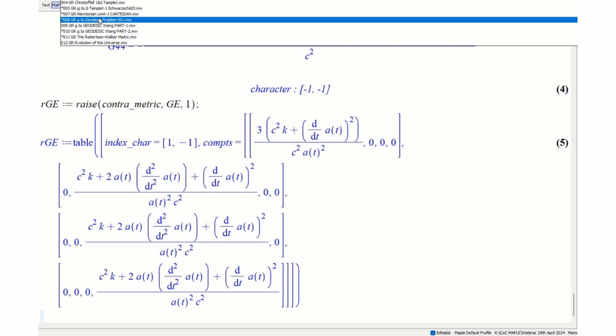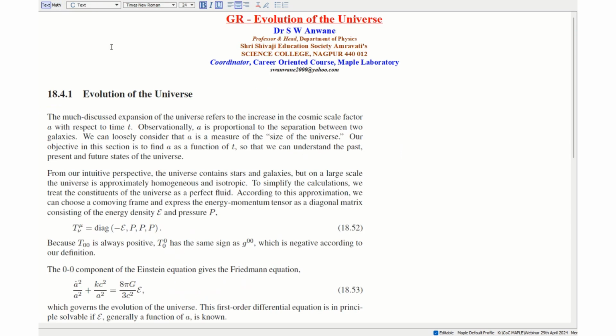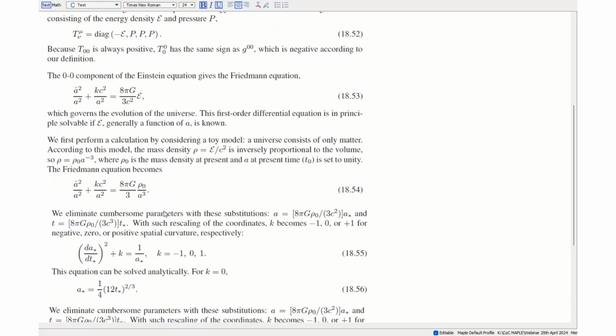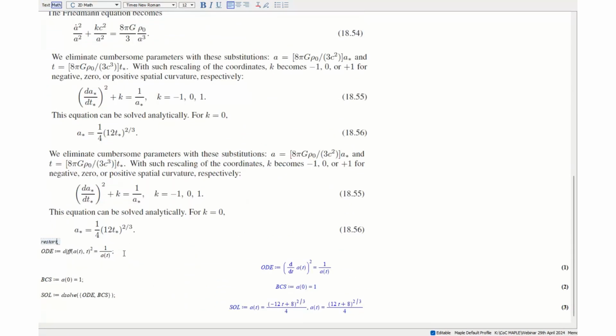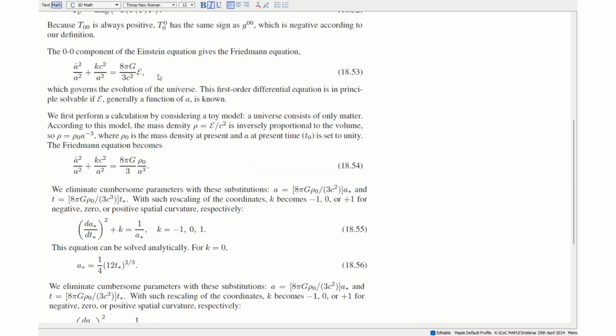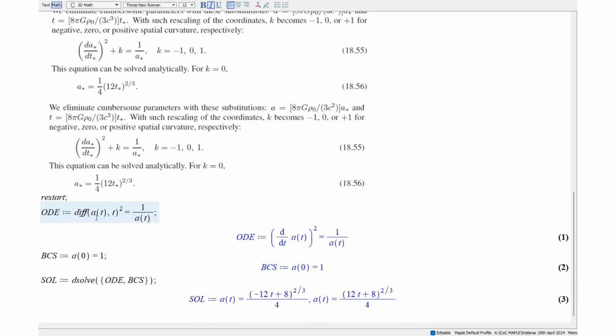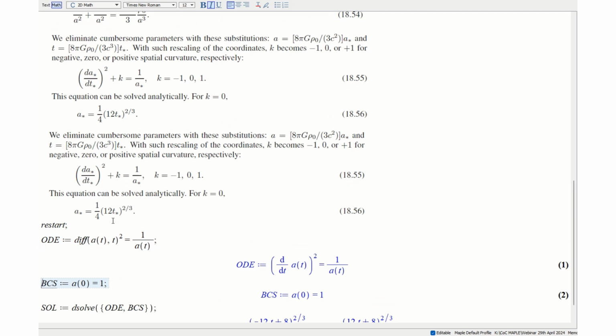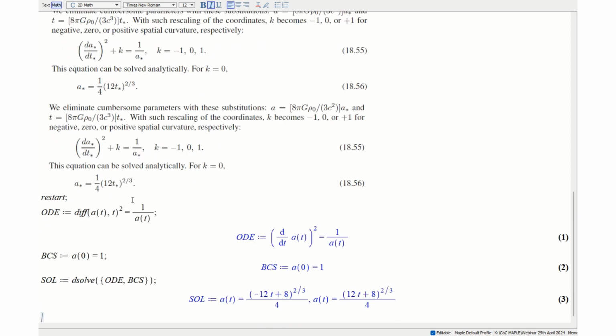Now this is one simple solution to the Robertson-Walker model, which we call the evolution of the universe, and here I found some trouble in running a simple file actually, that is the ordinary differential equation: the square of dA by dt equal to 1 upon A. A is a function of time, and for the boundary condition we are taking A0 equal to 1, and we can solve this.